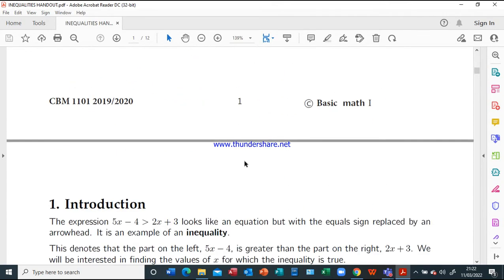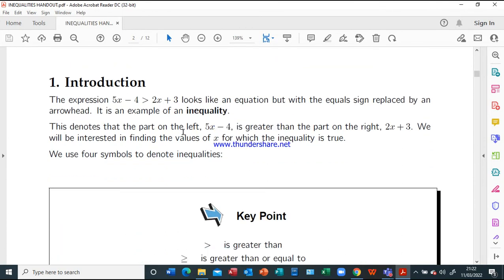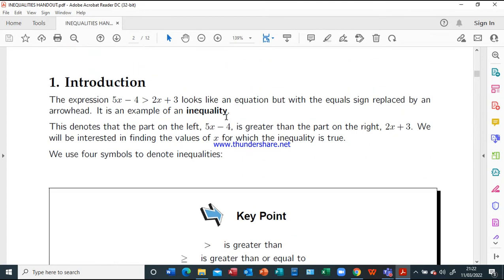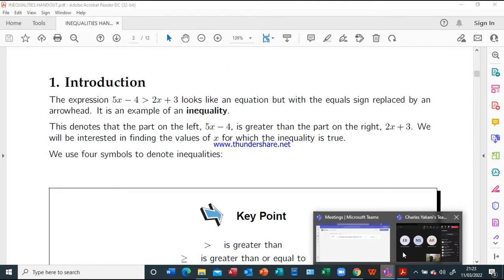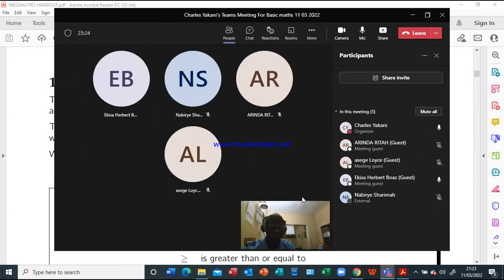Right, so today, let me come back here and we look at the introduction. Somebody is coming in. Let me allow them back. Lois, can you hear me now? Lois, can you hear me?